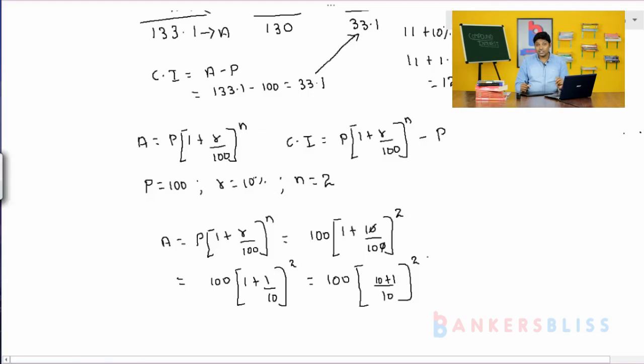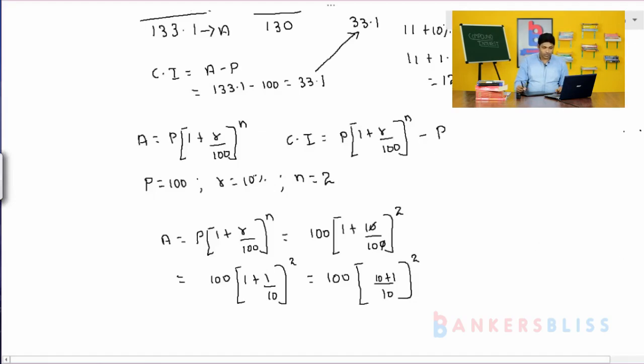So you can easily notice how much time it takes while solving through the formula, the traditional method. I am suggesting you not to use this traditional approach while calculating problems during your exam. So 100 into (10 plus 1 by 10) whole square.